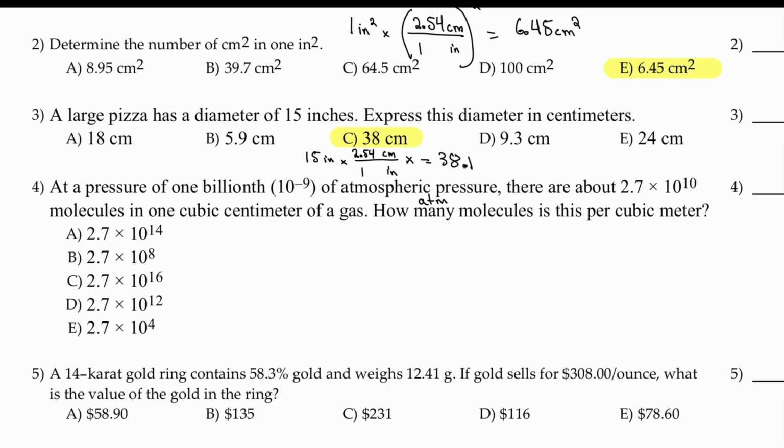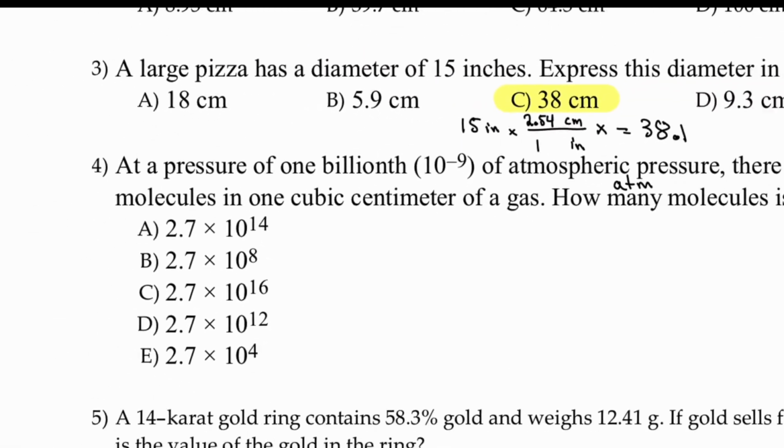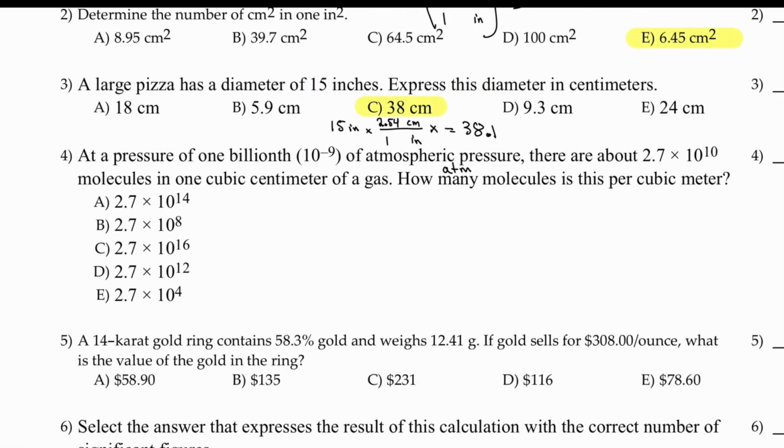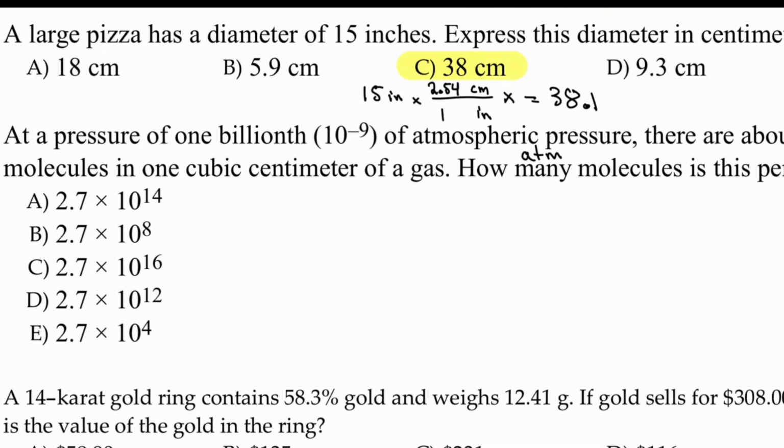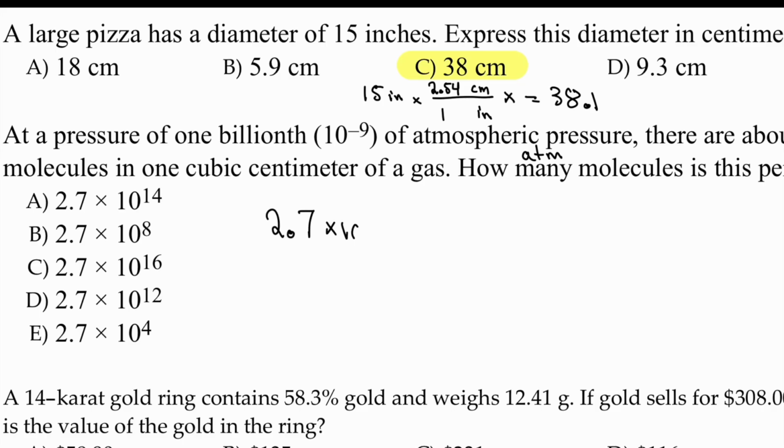Whoa, we have a lot going on right now. So, they tell us something about pressures, billionth. This one, when I first read it, I was like, hold on, something's a little bit off. Let me reread it here. What we want to start off with is actually the 2.7 times 10 to the 10th molecules. So, follow me here.